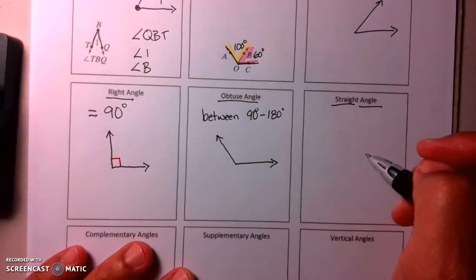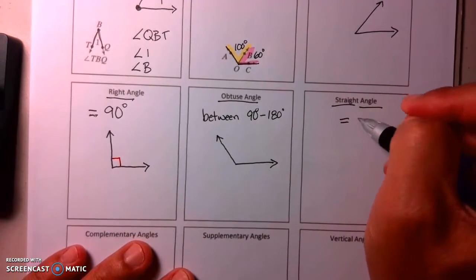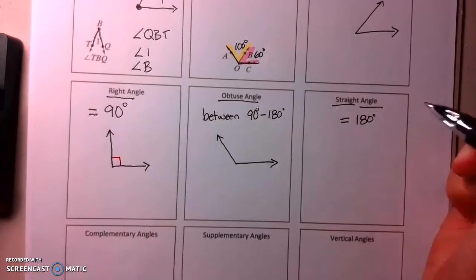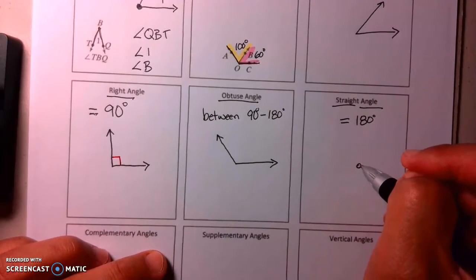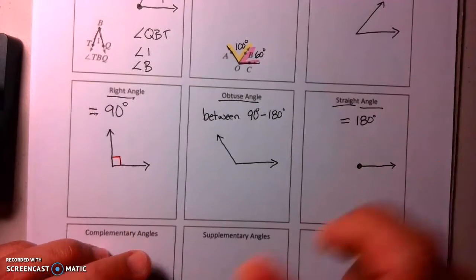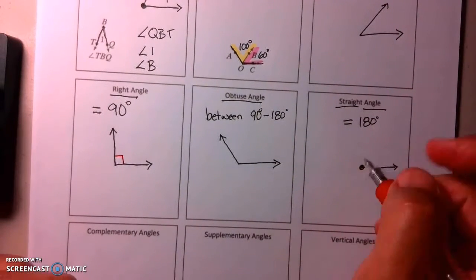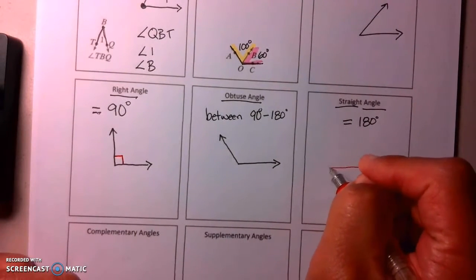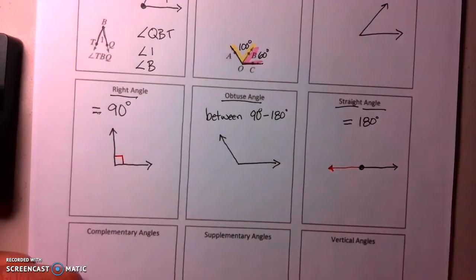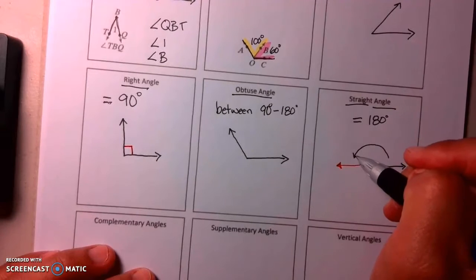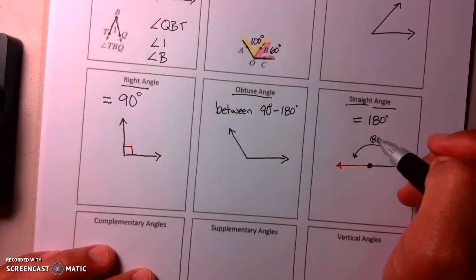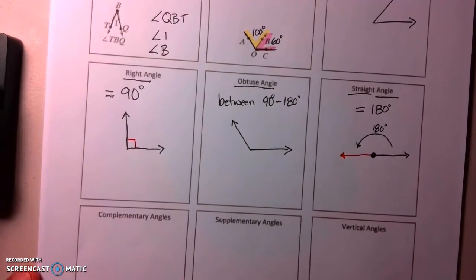A straight angle is basically equal to 180 degrees. When you draw it, it looks just like a straight line. Remember, an angle is two rays, so I'm going to draw this one ray here, and then with my red pen, here's the other ray. Together, it just looks like a straight line. But this opening from here to here is 180 degrees, thus making it a straight angle.